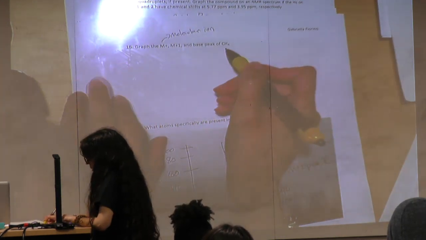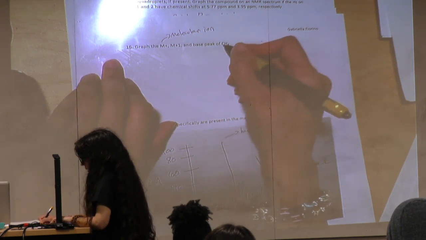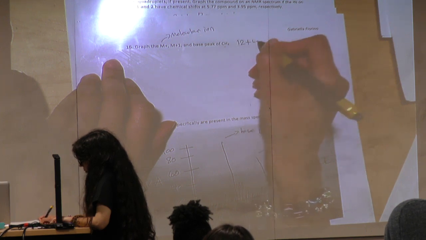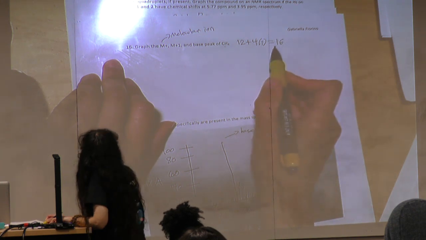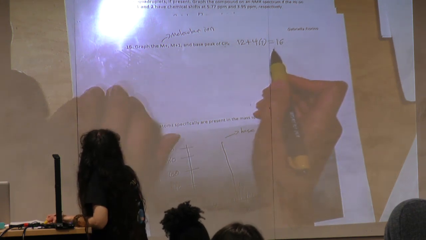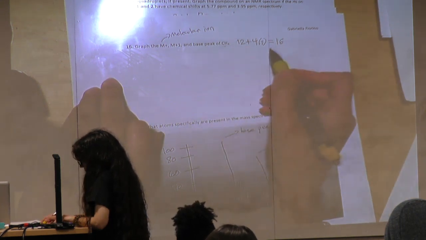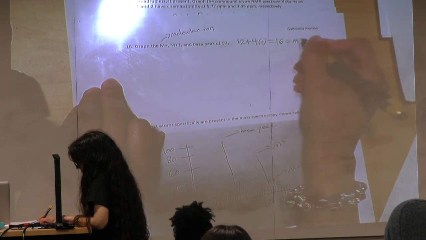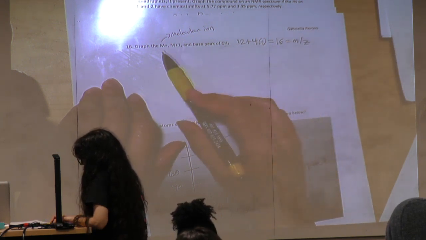So CH4, we could just do this in whole numbers. We all know that carbon is 12. We know that hydrogen is 1, so we have 4 hydrogen, and that's going to be 16, right? That's going to be our weight. So that's going to be our m/z ratio, which in this case is equal to our molecular ion peak.